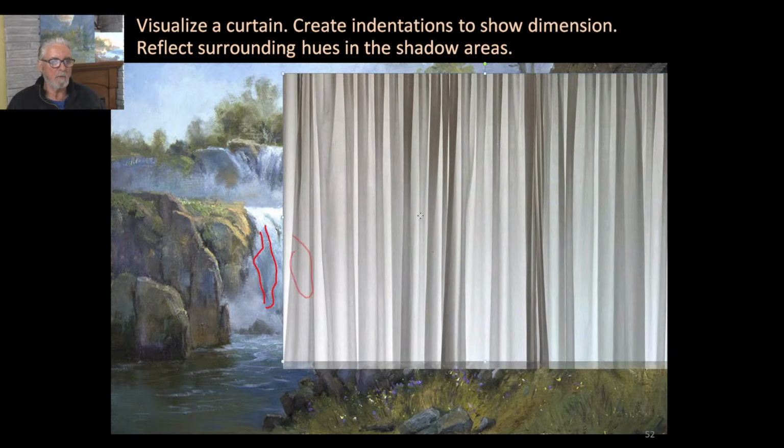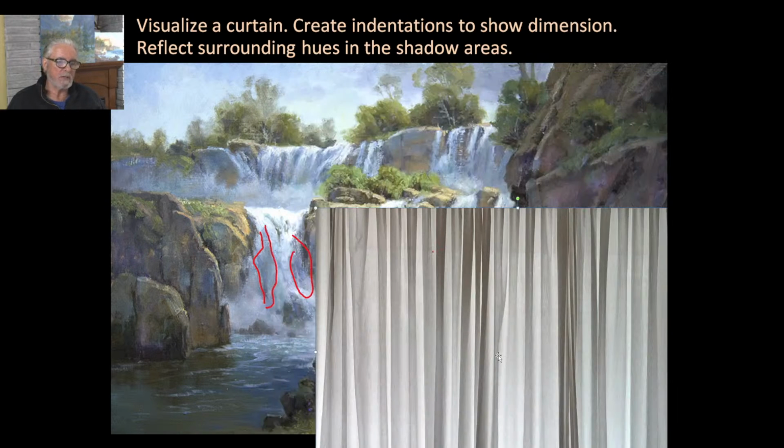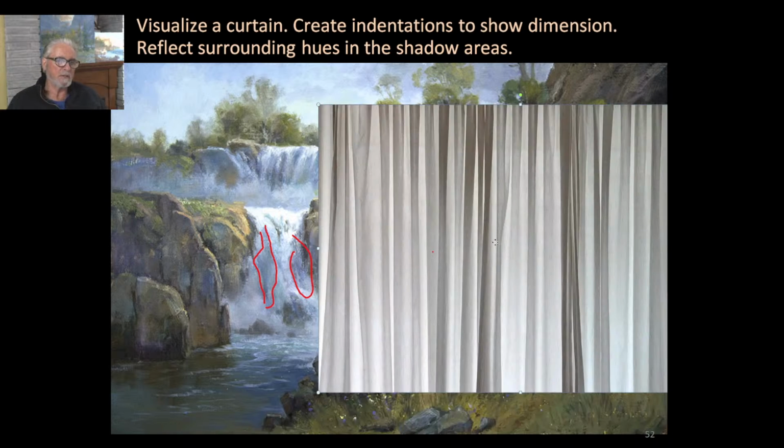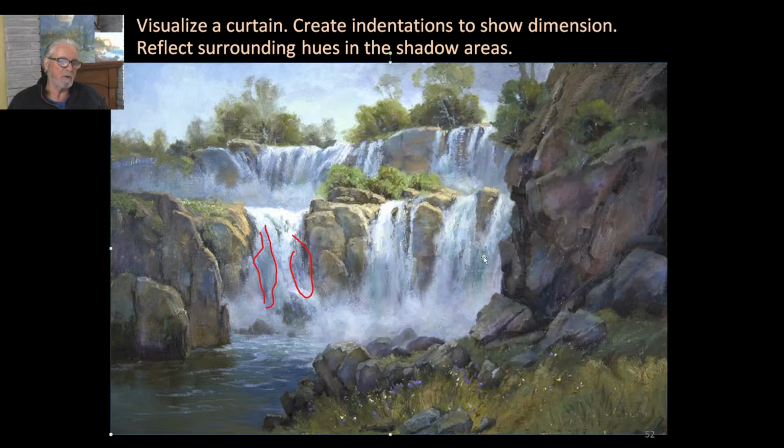So if I go like that with a curtain, you have those indentations. Of course, they wouldn't be that symmetrical, but it's just a reminder. I'm going to take this off so you don't become too influenced by it. And of course, I made sure that every waterfall would be different in size and they're vertical.